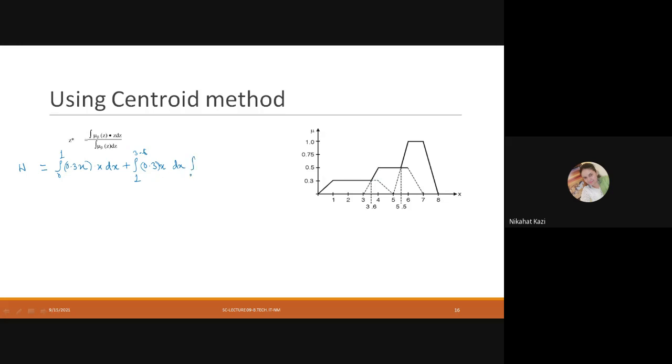Next, from 3.6 to 4. What is the equation of this line?